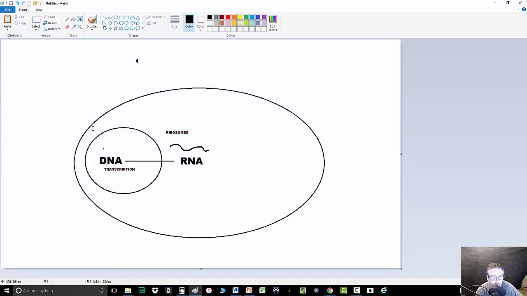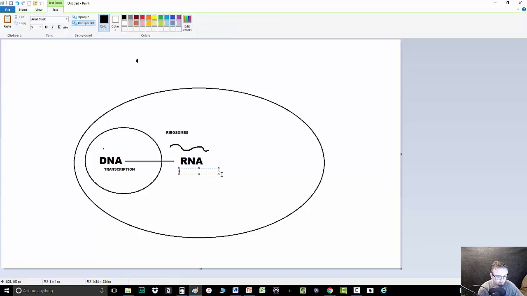Ribosomes are outside the nucleus. So the RNA is going to be created here in the nucleus where the DNA is, but the DNA is more or less trapped here, so it can't exit. So it creates this RNA mobile copy, and it now floats out of the nucleus and then can become translated by the ribosomes.